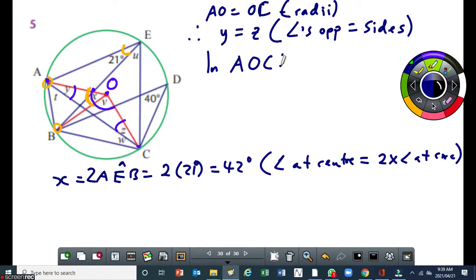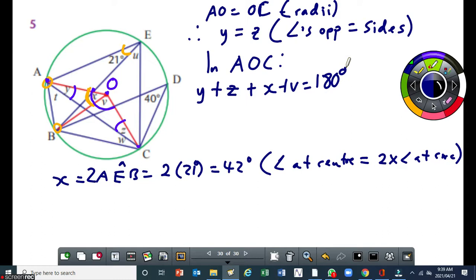In that triangle, if I add angle y plus angle z plus angle x plus angle v, I'll get 180 degrees, right? I have to give you a reason. Now check this. If you look at number 1 under triangle, you see the reasons that are there.